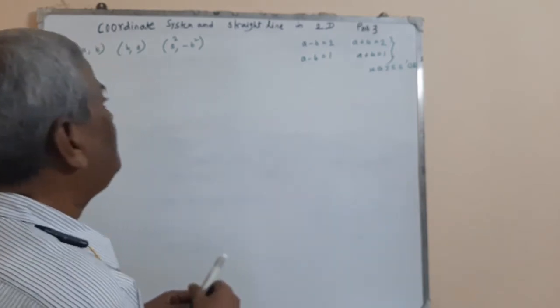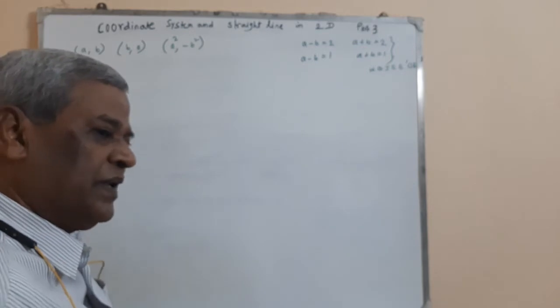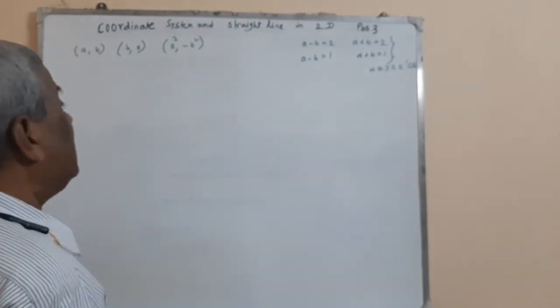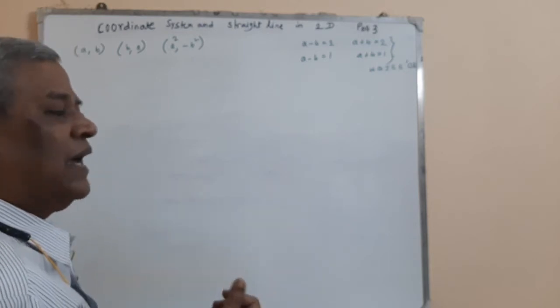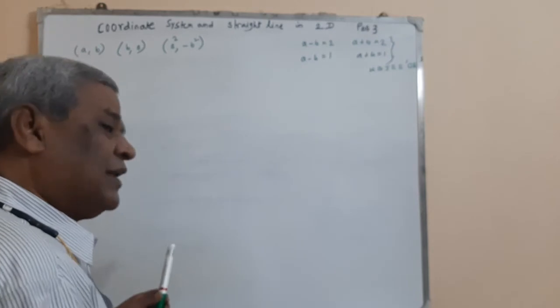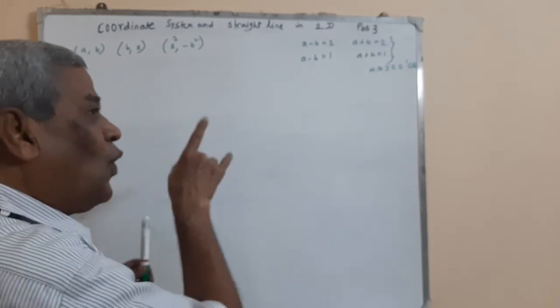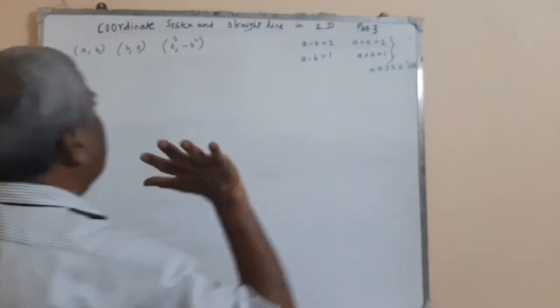So now the problem is these 3 points in terms of A and B are given, and they may be collinear. Then what will be one of the possible conditions? There are so many conditions, but one of them we have to find out, either this, or this, or that.